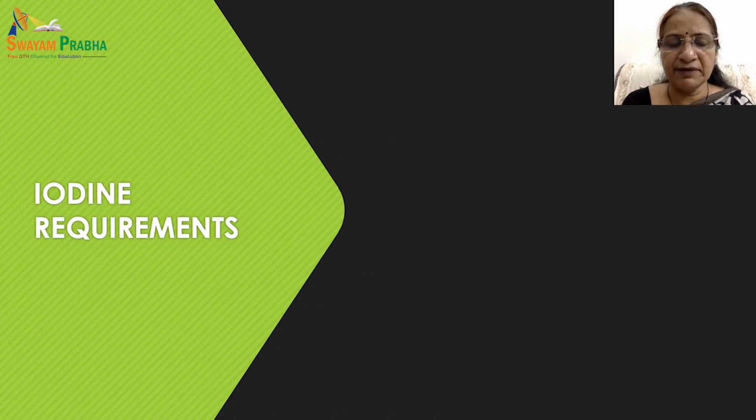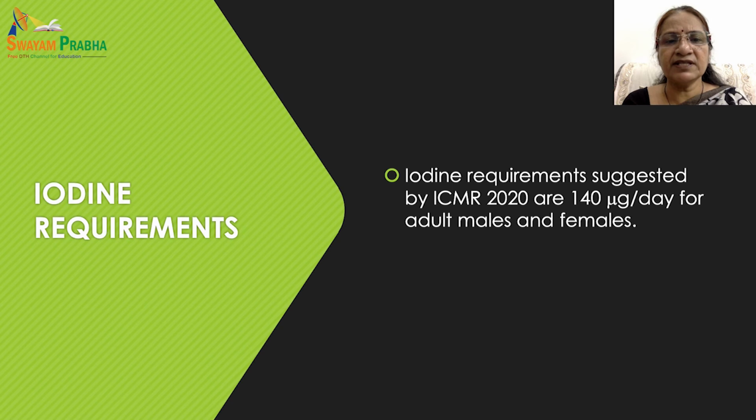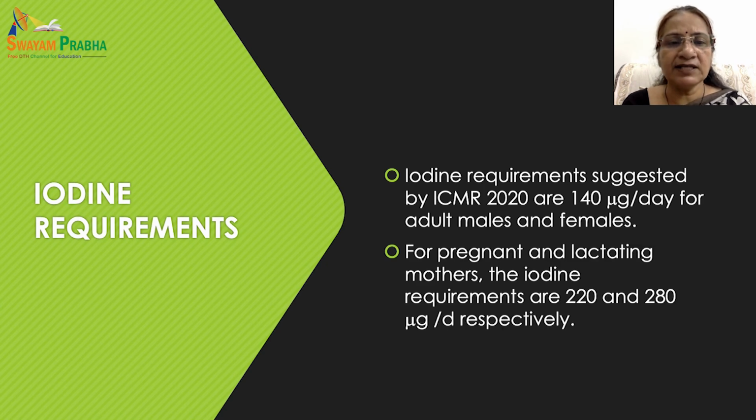Now, iodine requirements. Iodine requirements suggested by Indian Council of Medical Research 2020 are 140 micrograms per day for adult males and females. For pregnant and lactating mothers, the iodine requirements are 220 and 280 micrograms per day respectively.